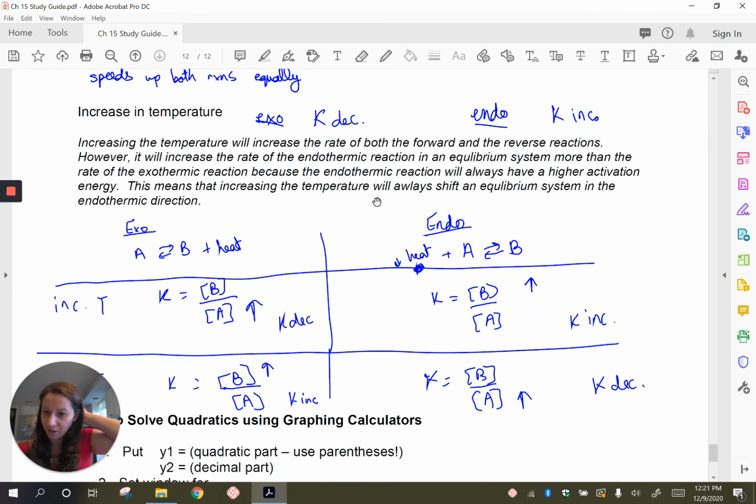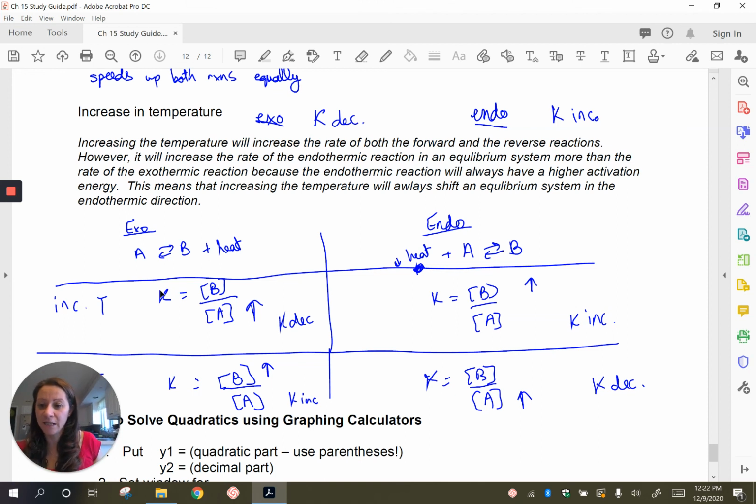Now, just so you know, when you increase the temperature, we said K decreases here and K increases here. In reality, yes, it shifts to the right or shifts to the left, but in reality, when you increase the temperature, both forward and reverse reaction are actually increased, right? If you increase the kinetic energy, particles are moving faster and both rates are going to increase, right? It's just that the endothermic process will increase more. So the process that needs heat in order to form is going to go a little bit faster.